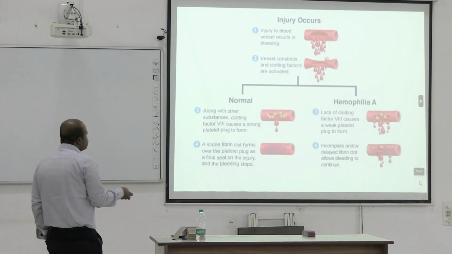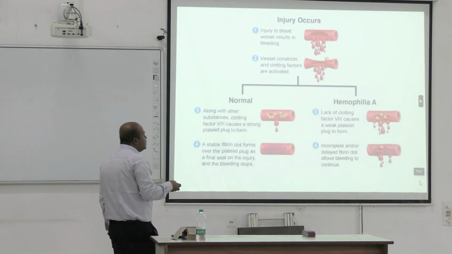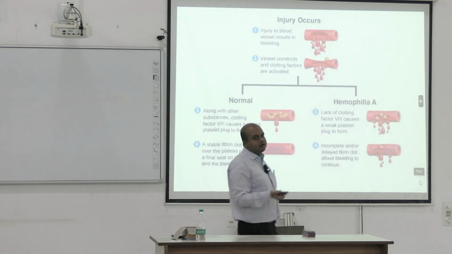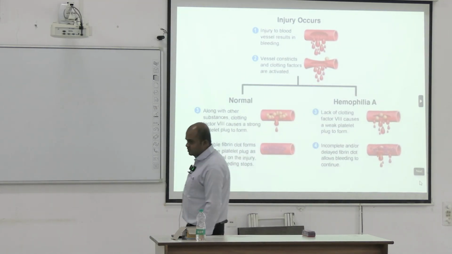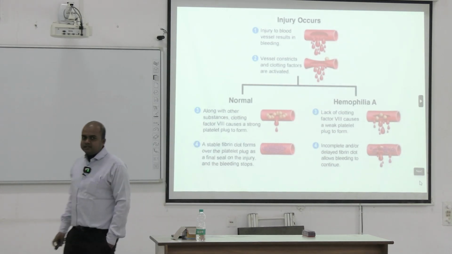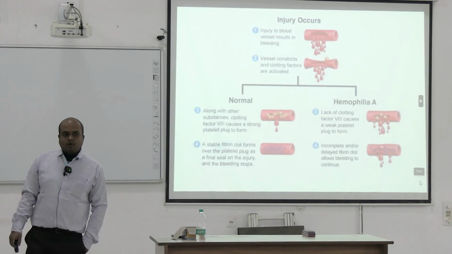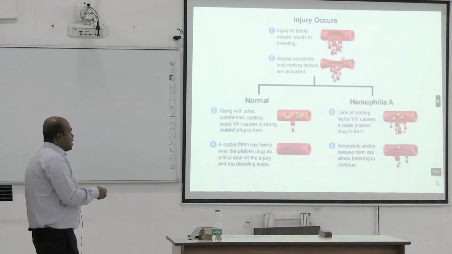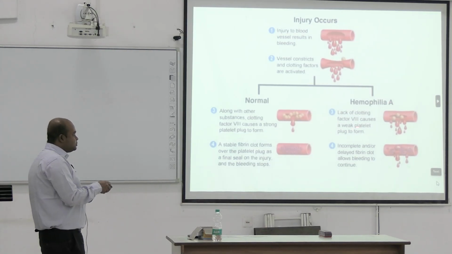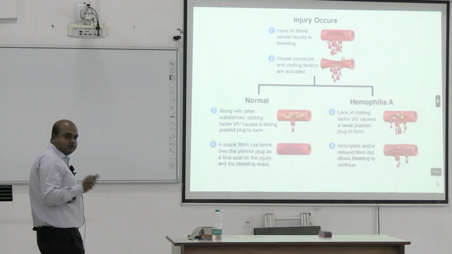So even the primary hemostasis is hampered, and also there is a delayed fibrin clot, as factor 8 is not there. At least the intrinsic system and eventually the common pathway will be affected, as factor 8 is required for forming that tenase complex which we talked of. So the clotting system is also hampered, but also primary hemostasis, because platelet plug formation also requires factor 8.